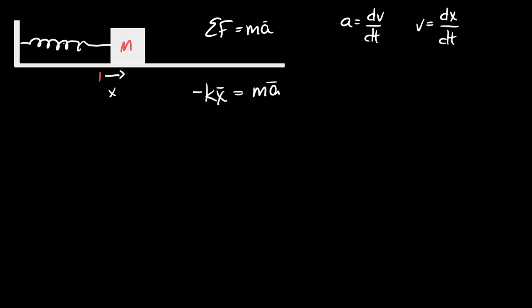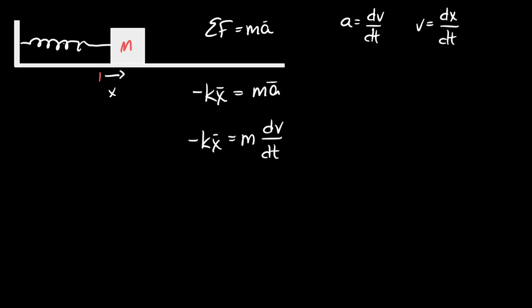Now, when we've done differential equations before, we've said that the next step is to put a derivative in for one of our variables. We have a derivative for a. The problem is that derivative doesn't give us a function with x in it. It gives us a function with v in it. So we would not be able to solve this differential equation unless we had v over here someplace, and we do not.